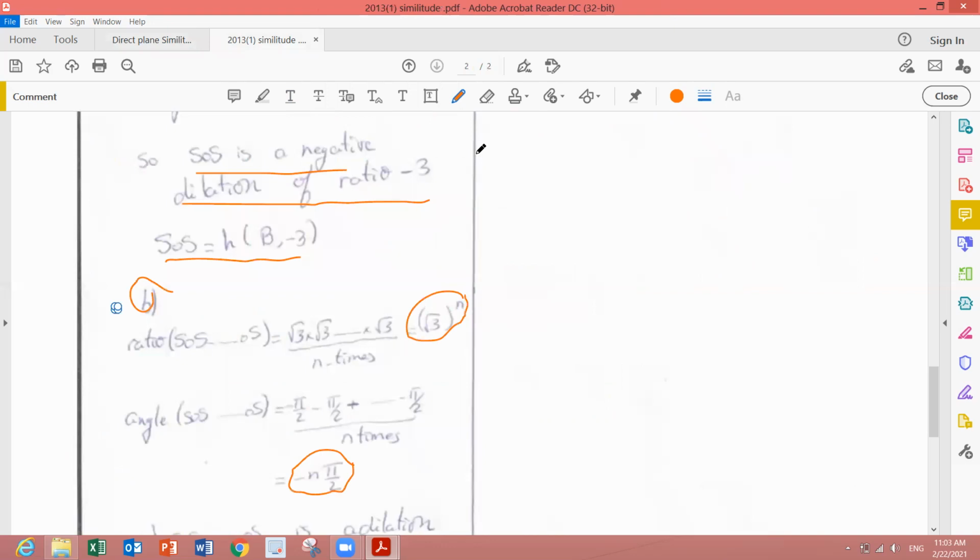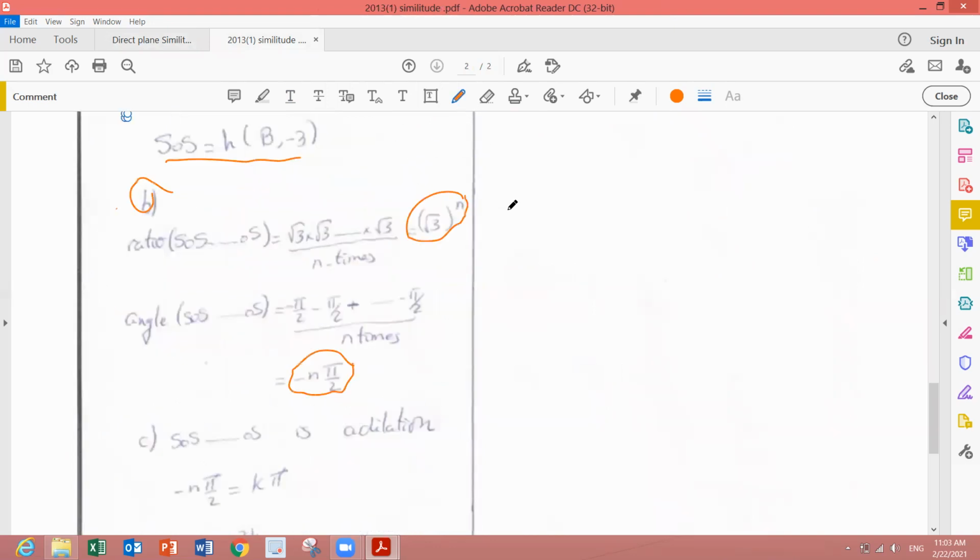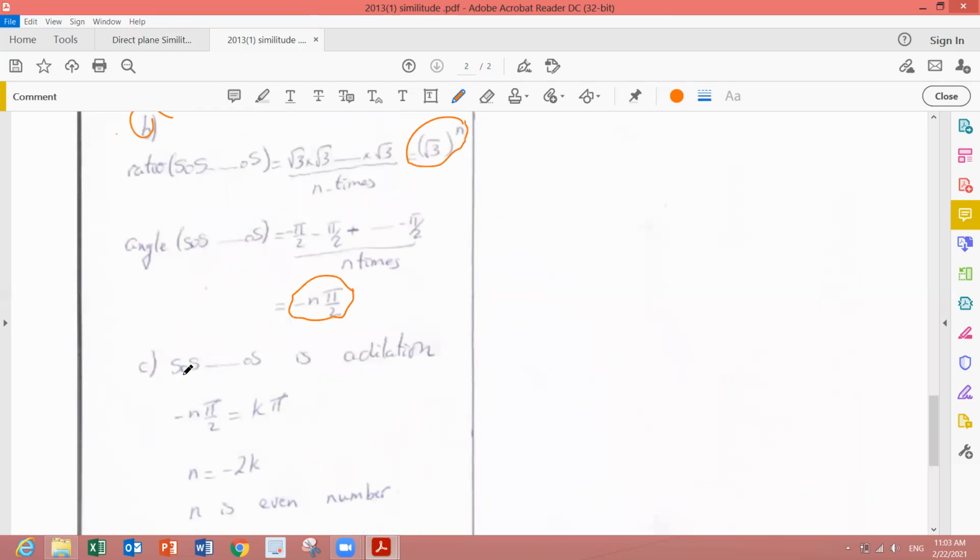What is the angle? S round S is a dilation if the angle minus n pi over 2 equals k pi, right?